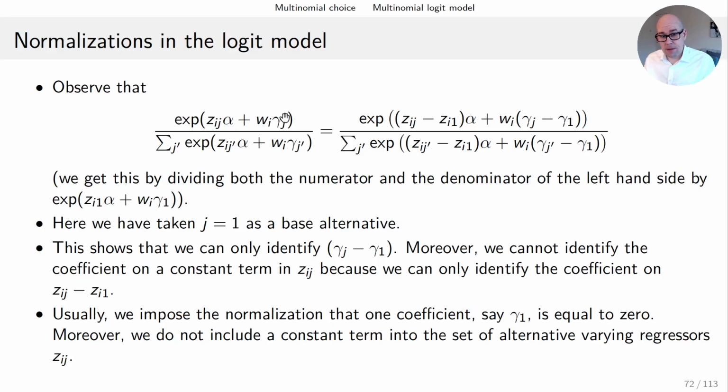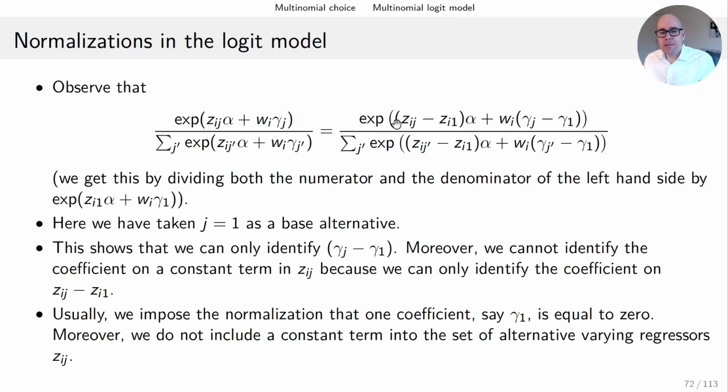I can do this. I divide the numerator by this and the denominator, which means I divide all the terms in the sum of the denominator by it. Now this is the exponential function evaluated at something divided by the exponential function evaluated at something, so I get the exponential function evaluated at the difference between these two arguments.